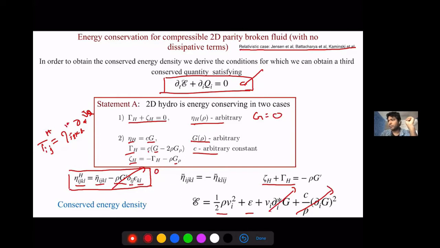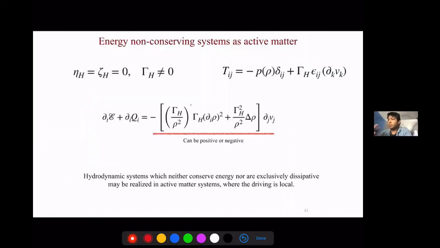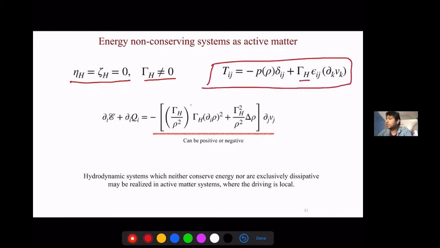Okay, and so what about energy non-conserving systems? It turns out that you can consider a case that explicitly violates the previous constraint. If you set eta h and zeta h to 0 and gamma h to not 0, and plug these relations into the previous rules, you will see that these rules are not satisfied. Under such a situation, you have this Tij, which just contains this odd torque term. Then you can see the conservation law has a non-zero right-hand side, and this non-zero right-hand side can be positive or negative depending on the flow and the density configuration.